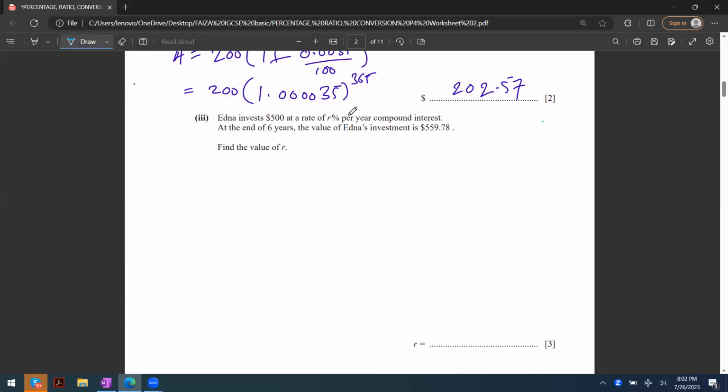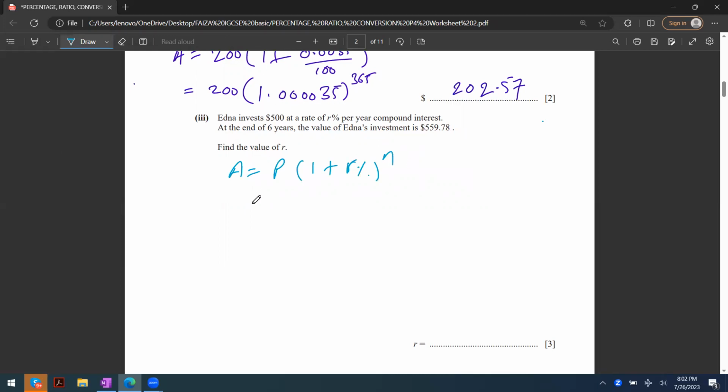Edna invests 500 at a rate of compound interest. So first of all, we just write the formula of compound interest: R percent raised to power n.